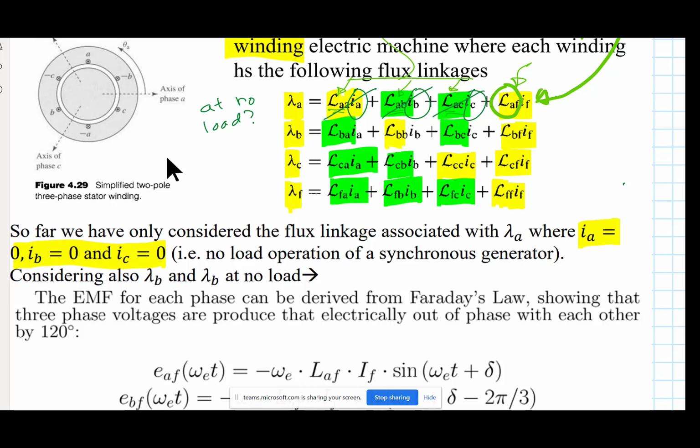It's kind of like problem 1 on the exam where you were looking at a 2-winding machine and we were setting one of the currents to 0. All we would be left with would be these mutual inductances and the self-inductance of the field if you were to no load. And that's what we look at when we're doing a no load test.